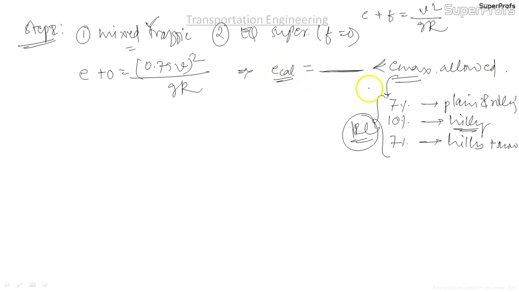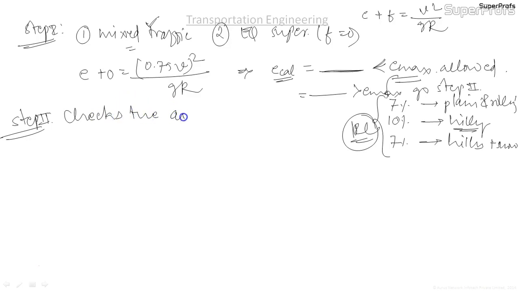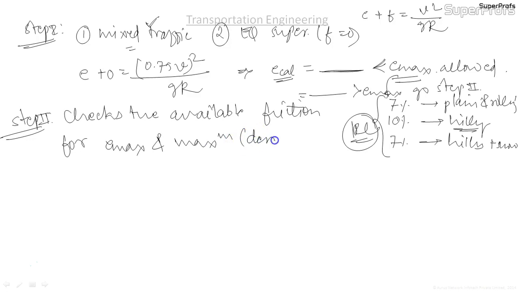If the calculated e value is greater than e max, then go to step 2. What step 2 does is check the available friction for e max and the maximum design speed.